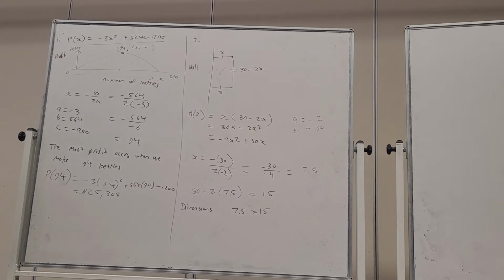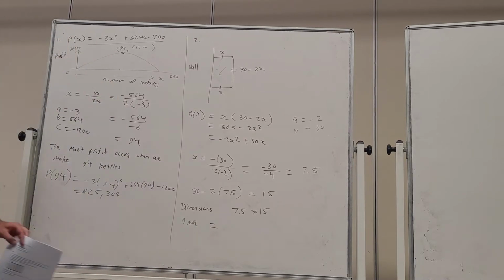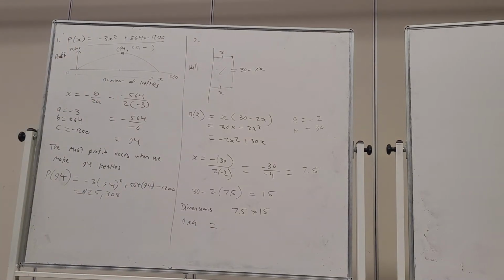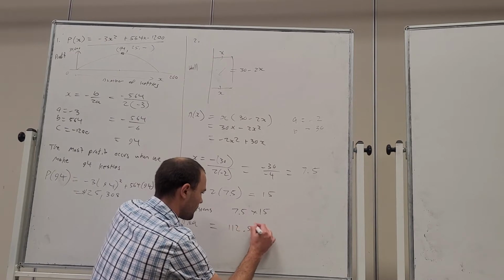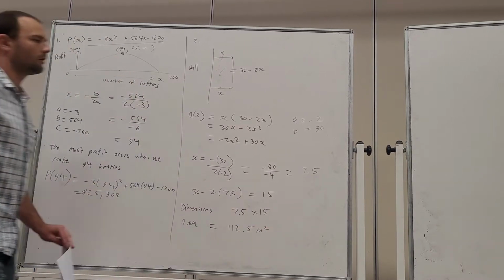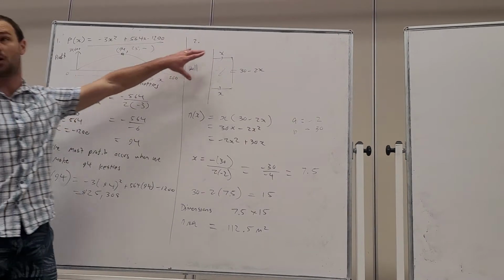And so then what is the area? Therefore the area is going to be 7.5 times 15, which is 112.5. So you can see we've got that process. First I drew a diagram.